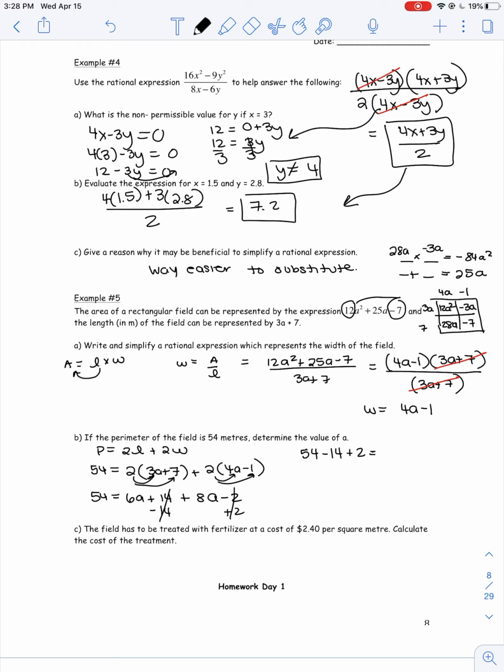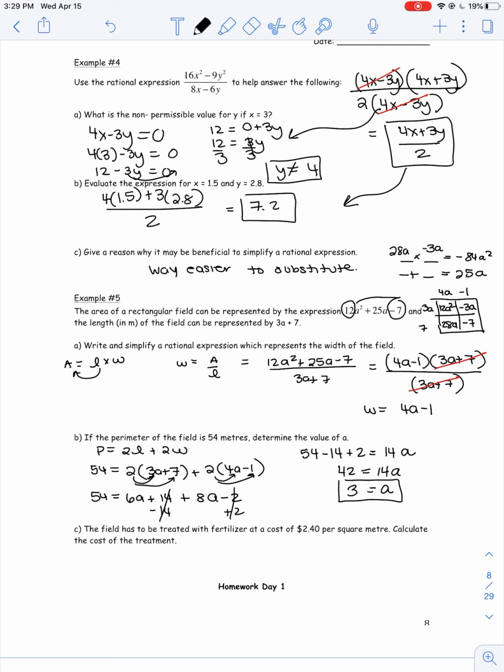And then 6a plus 8a is 14a. And now in our calculator, 54 minus 14 plus 2 gives me 42. And 42 divided by 14 gives us a is equal to 3. So that's our answer.